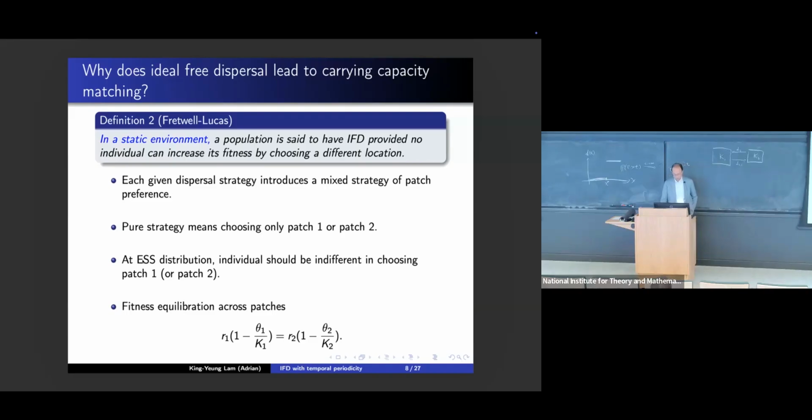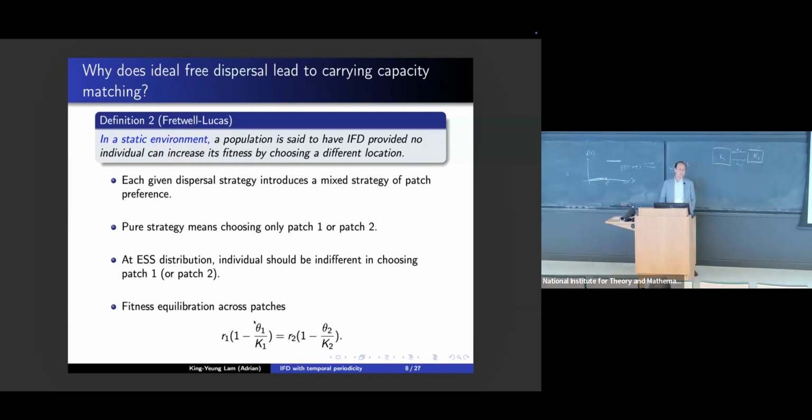So if one identifies the net reproduction rates of the environment and then corrects by the broader population, then at Nash equilibrium these two should be equal, and so it leads to equilibration of fitness.